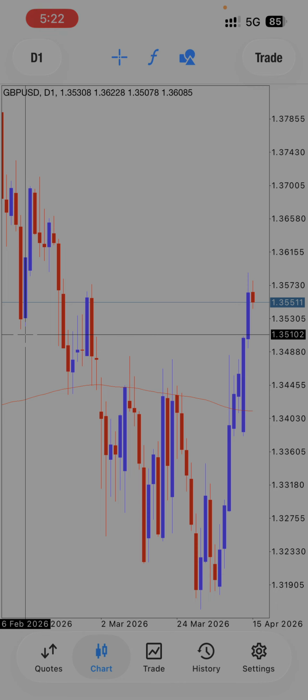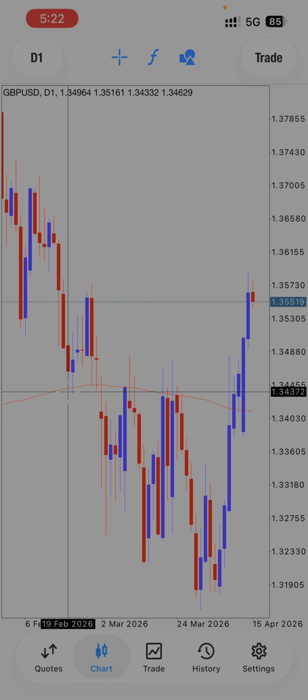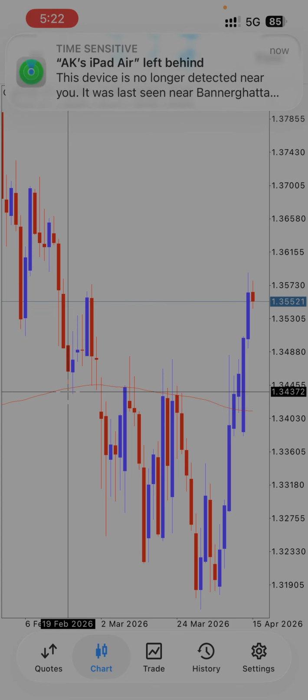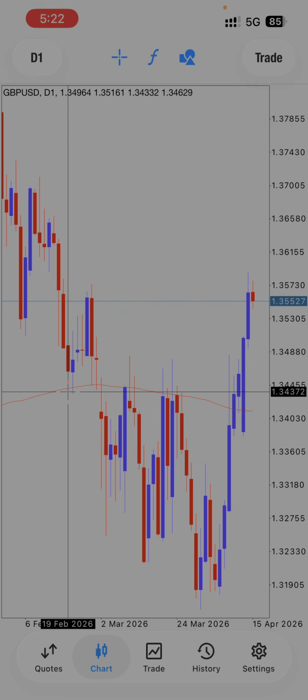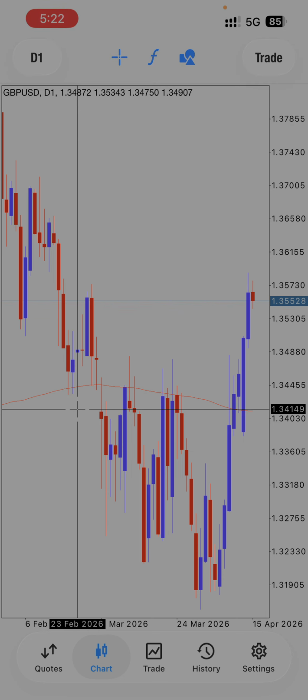This is the nearest support, and the next support is around 1.3414, which is also coinciding with 1.3434, the swing low support on 19th February. So something between 1.3434 and 1.3414 will be the major support, and any break below this area will invalidate the bullish setup.